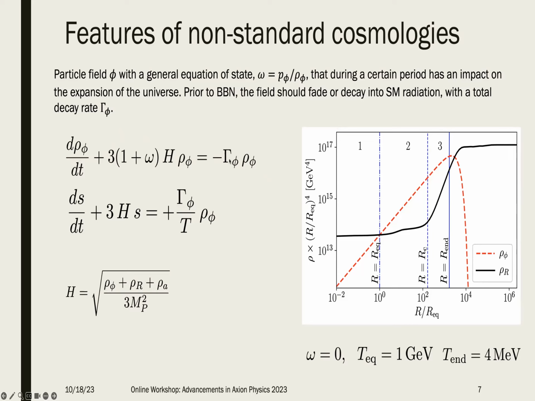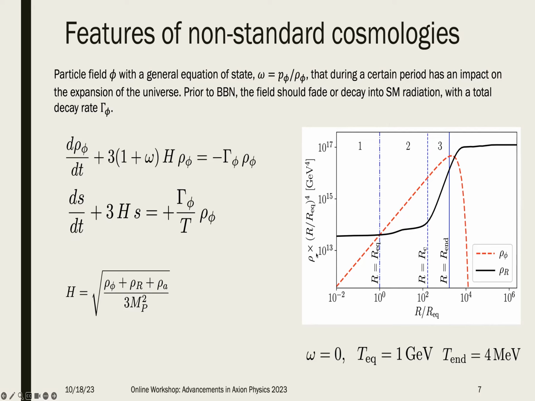Eventually it decays before BBN if the equation of state is smaller than the radiation equation of state, or it will naturally decay in the case of stiff or stiff-like fluids. And we assume that this energy or entropy release goes into the radiation bath, and in the case of the misalignment production, it's not shared by axions.